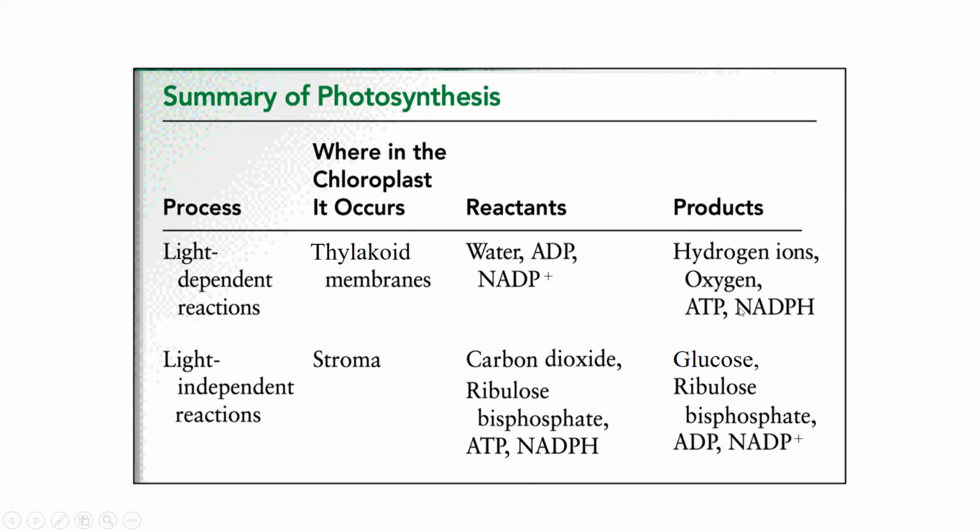And the ATP and the reduced NADP that form will be used for the light-independent reaction, which is known as the Calvin cycle. They occur in the stroma. And the reactants required are this one. And at the end of the Calvin cycle, they produce the glucose, the RuBP, ADP, and oxidized NADP.